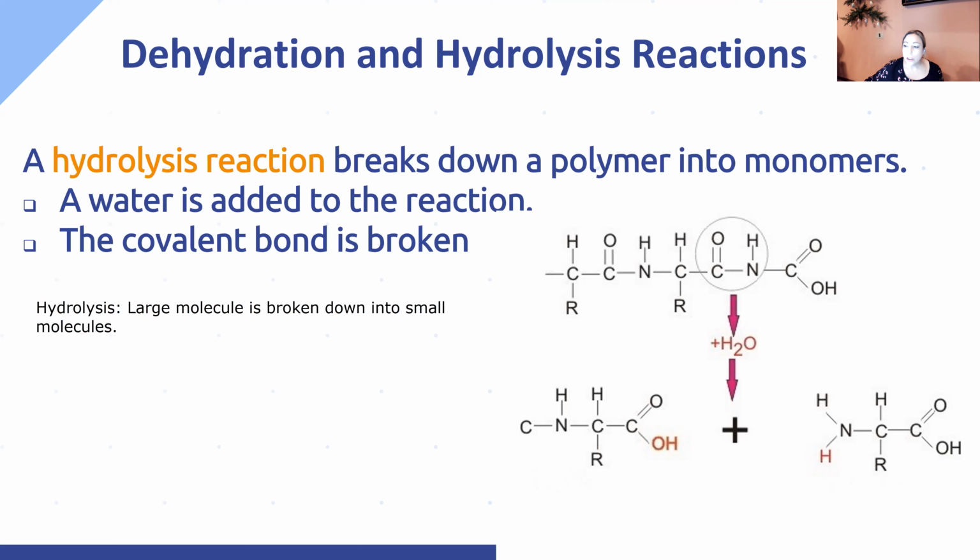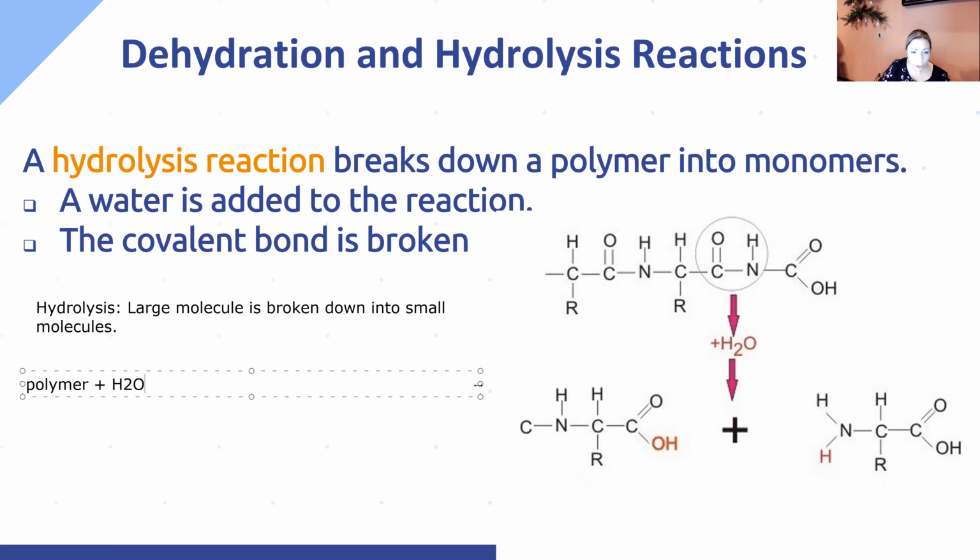So let's take a look at how this works with a chemical reaction. Remember, in a chemical reaction, everything on the left side of the reaction is what is going into it. Everything on the right side are your products. That is what is being released. So here we have, I'm just going to write, polymer plus water, H2O.